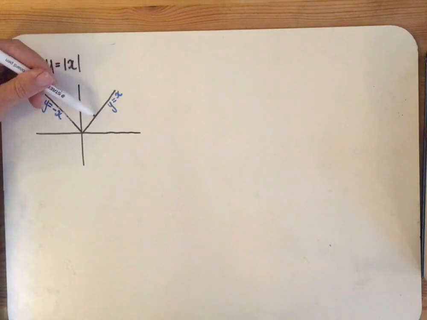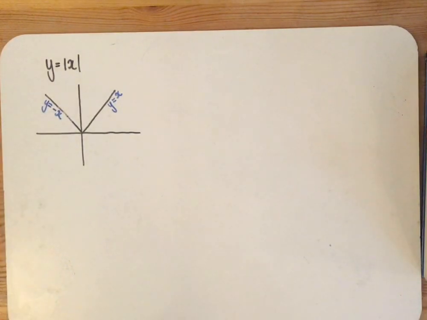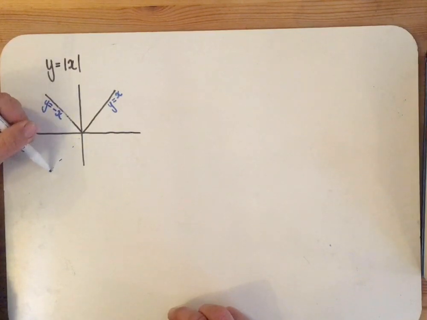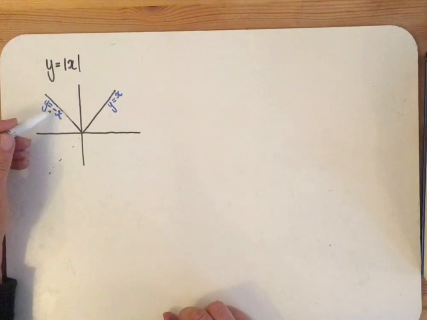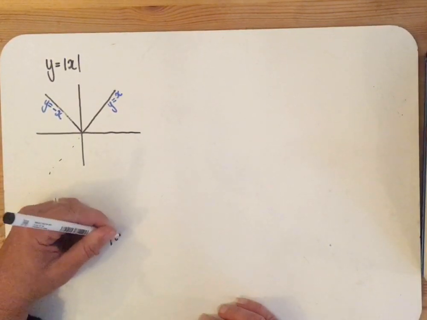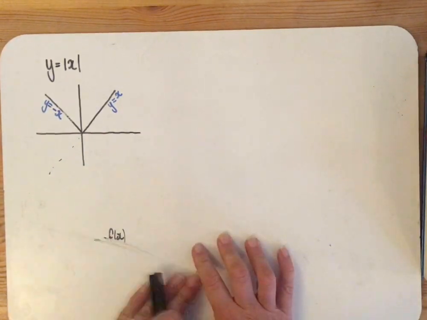Essentially, this gets reflected up off the x-axis. So this line would naturally come down like this, and it's being reflected in the x-axis. That's the transformation that's taking place. It's like having y equals minus f of x, so that reflects you in the x-axis.